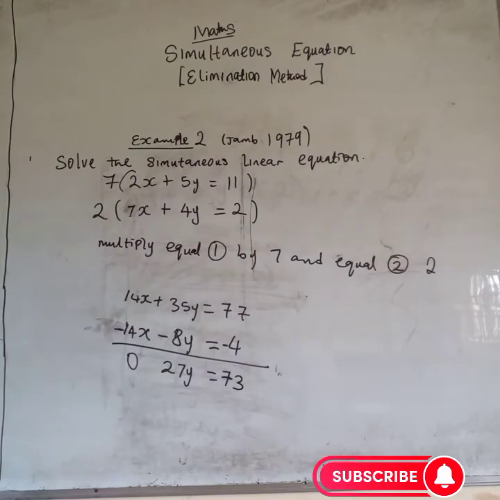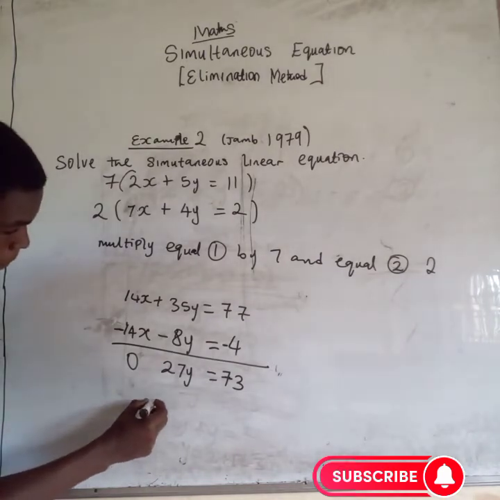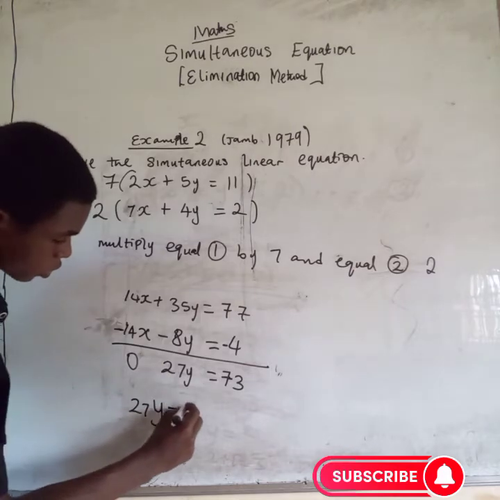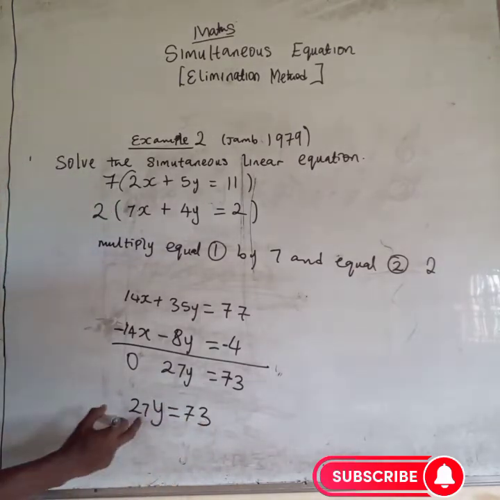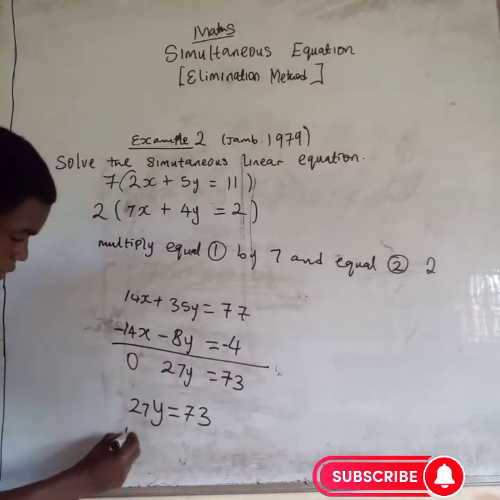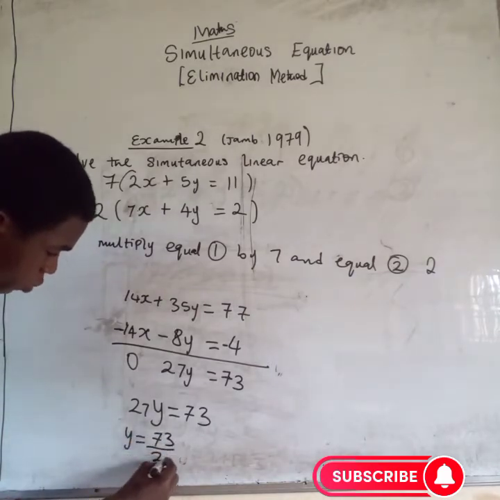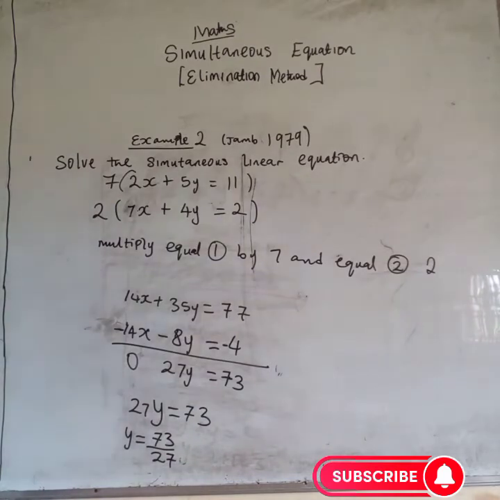Right? So from here we have 27y to be equal to 73. So make y subject of formula, y becomes 73 over 27, right?